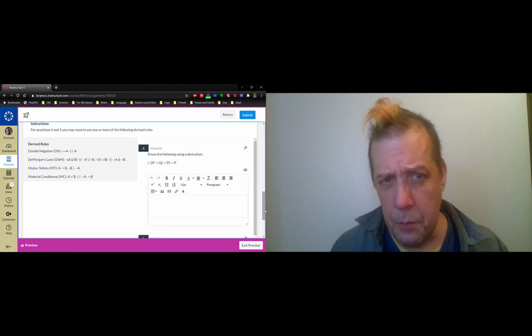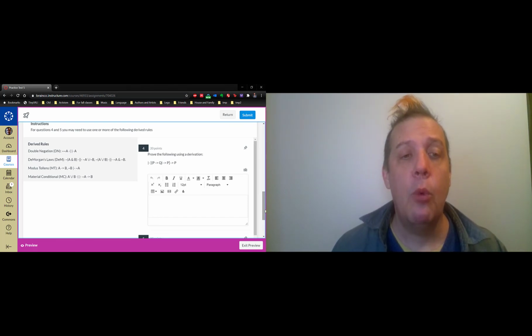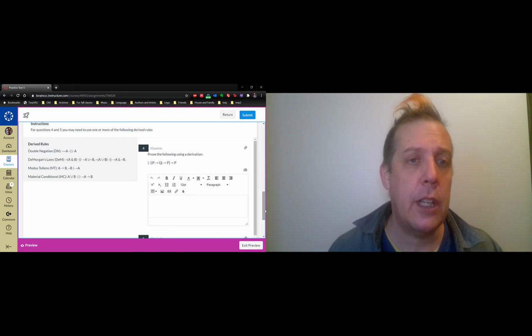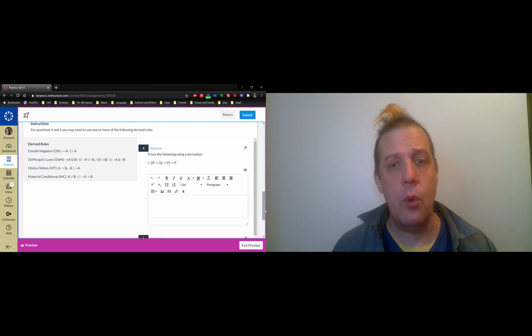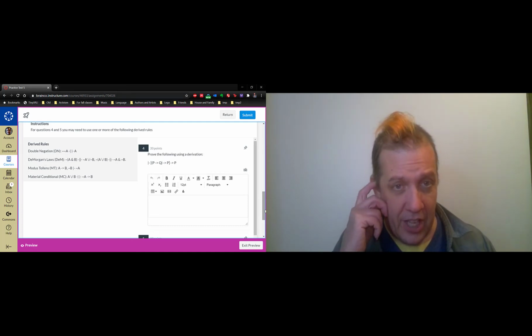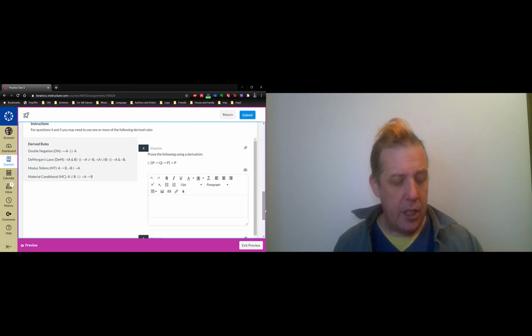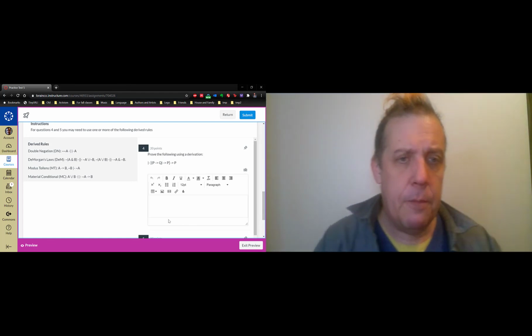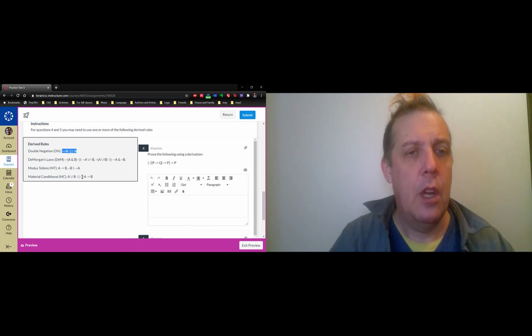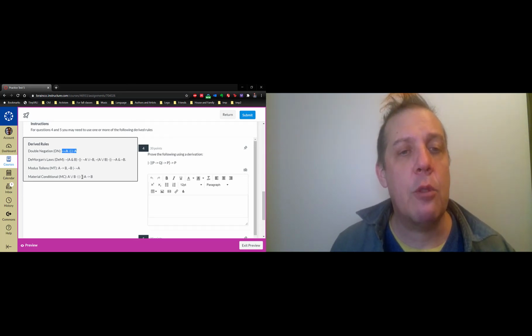So all of these proofs could be done without the derived rules. You would just wind up inserting a proof of the derived rule in the middle of the longer proof. But that's a pain in the neck. So just bear in mind that for these proofs, you can do things like cancel out negations, right? Not not A is equivalent to A.